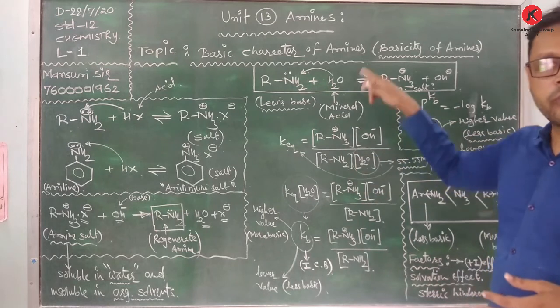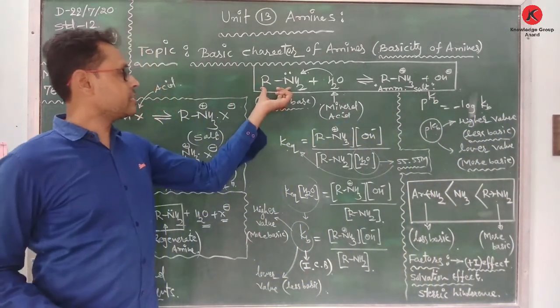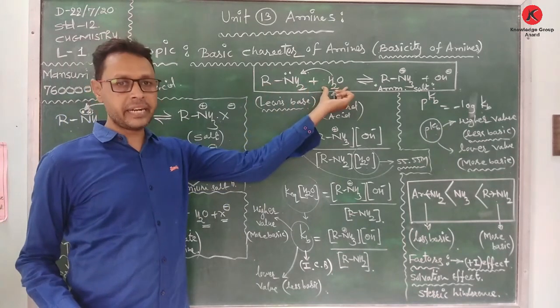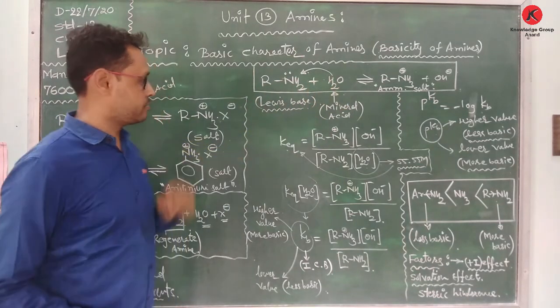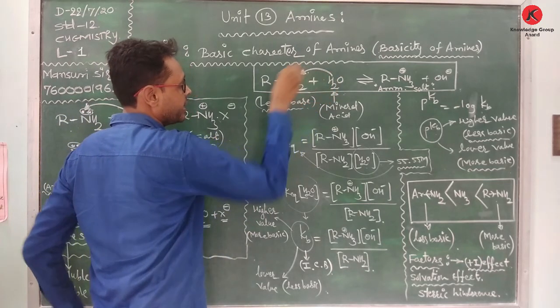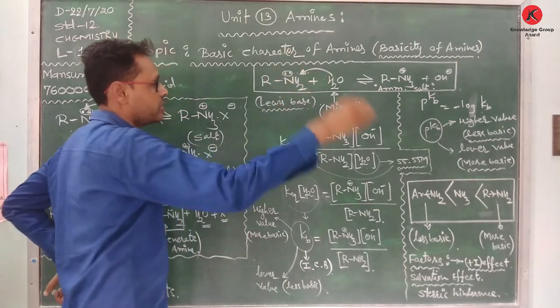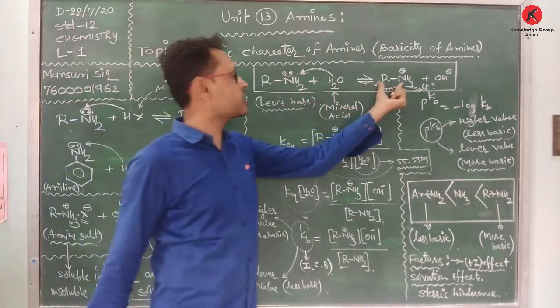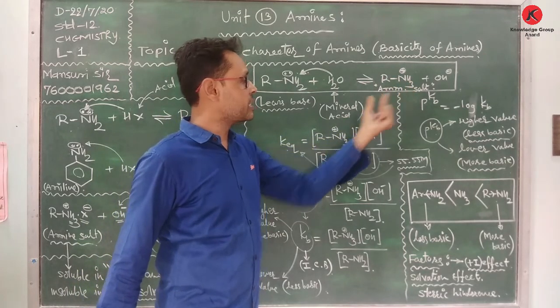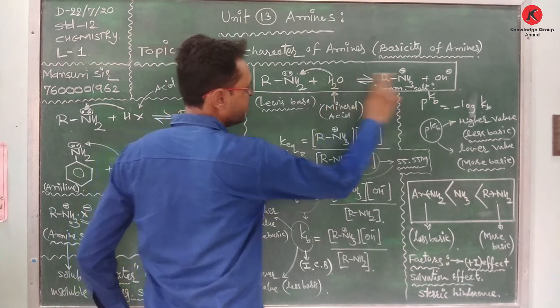Amine reacts with water, in other words mineral acid. So amine reacts with mineral acid, that means water, and here the H plus proton is attracted toward the non-bonding pair of nitrogen. That is why RNH3 plus is formed, which is ammonium salt, and the remaining part OH will be as it is.